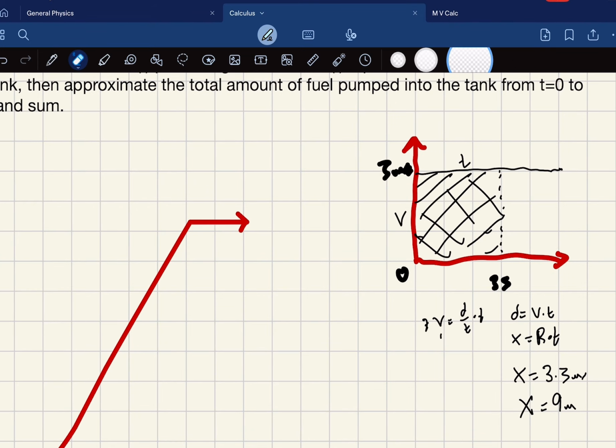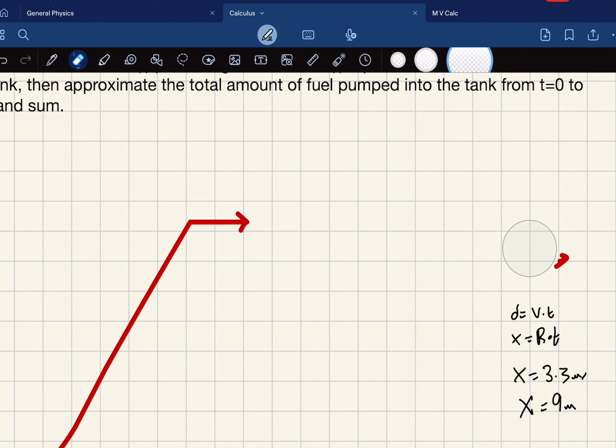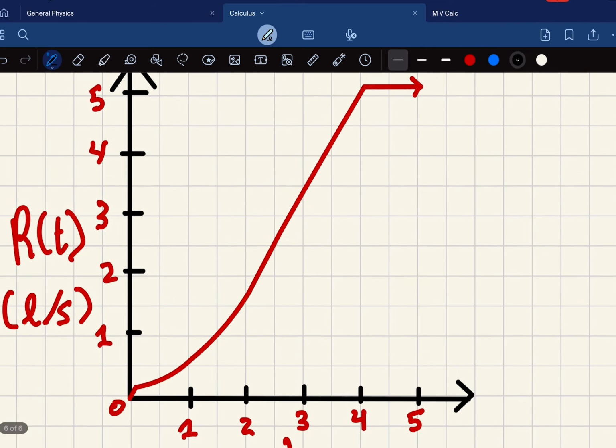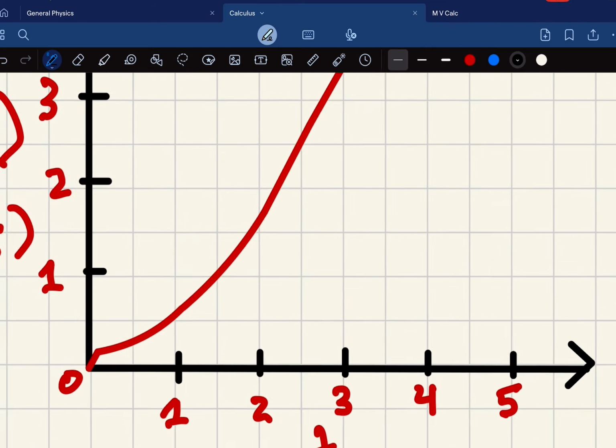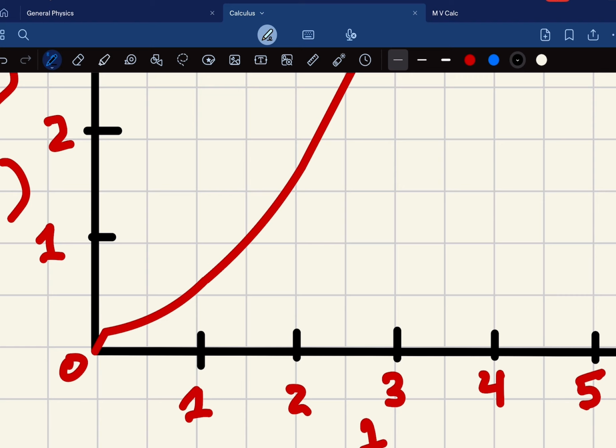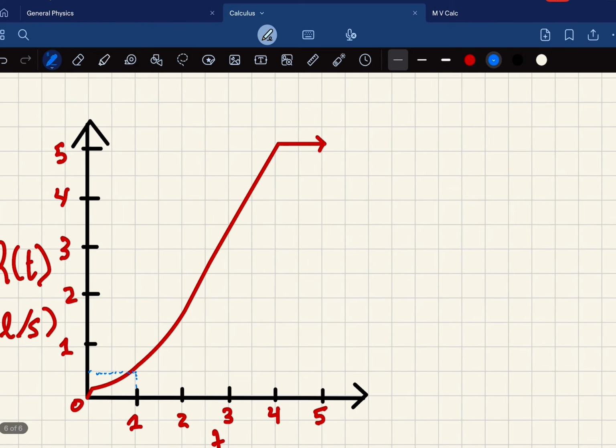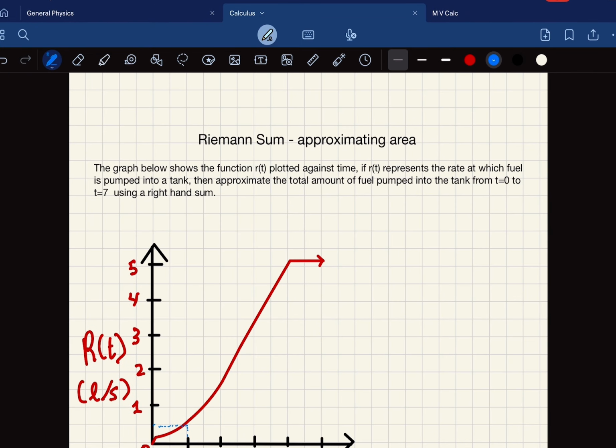Now, we are going to be using a 1 second approximation for this problem, and we are going to be doing a right-hand sum. So what that means is that we are going to be making an approximation for the area under this graph, which is a fuel tank having liquid pumped into it.